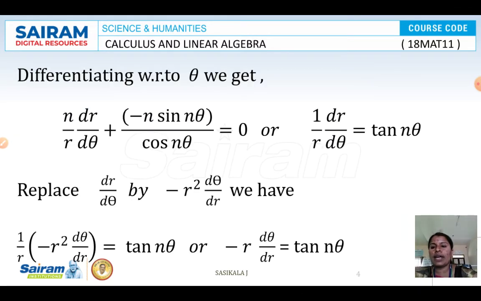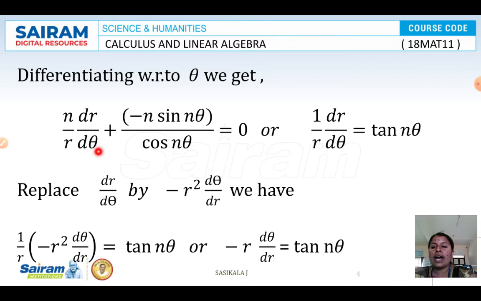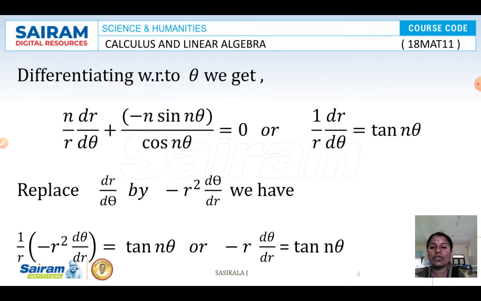Now differentiate with respect to theta. What happens when you differentiate? n is a constant, and the derivative of log x is 1 by x, in the same way 1 by r. But r is a dependent variable, so with respect to theta we get dr by d theta. Plus, I have log of cos n theta, so 1 by cos n theta, and again differentiating cos n theta gives minus sin n theta, and the n comes out.